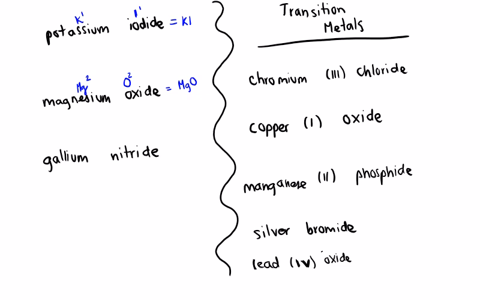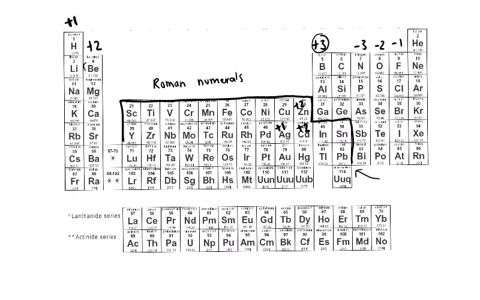All right, gallium nitride. We'll flip back and look at the periodic table for that one so that you are 100% sure where the charges are coming from. So gallium nitride. If I look, gallium's in the group where it's going to have a +3 charge. Nitrogen's in the group where it's going to have a -3 charge. Okay.